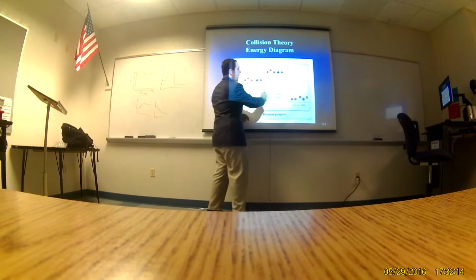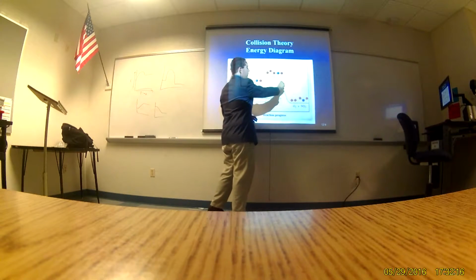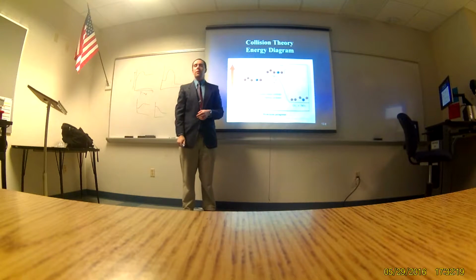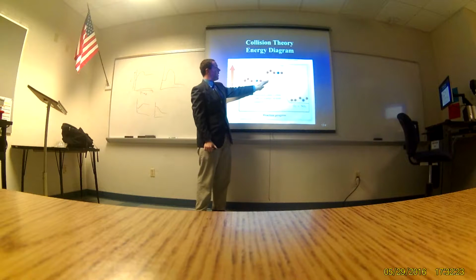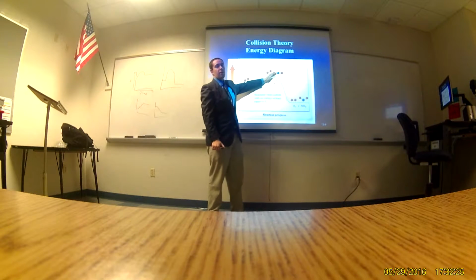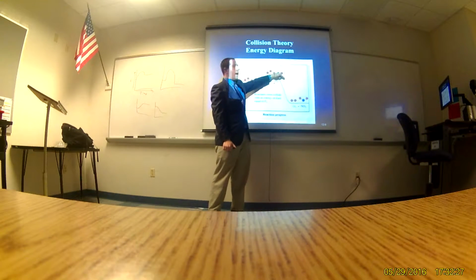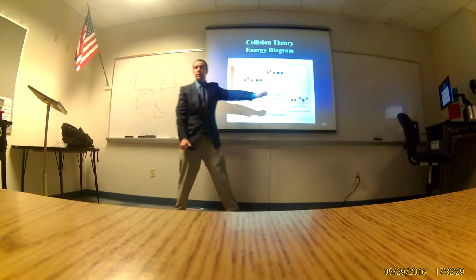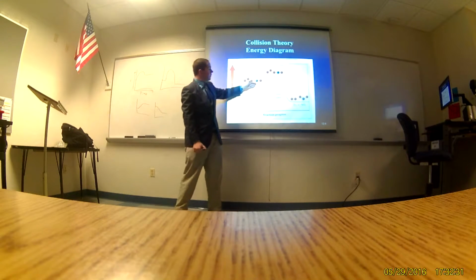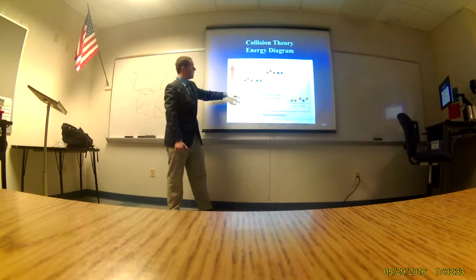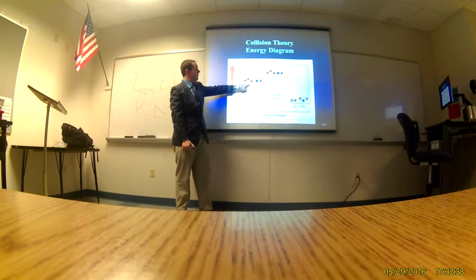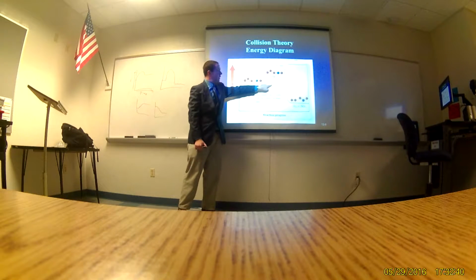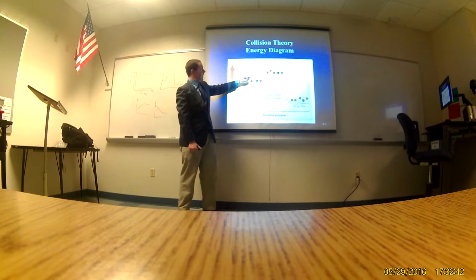And so it goes from here to here, but it has to go over a hump, just like a roller coaster. You come out of the station, you get on a little chain thing, it takes you up, but then once you're at the top, there's no turning back, and you go down. So you need to get over this activation barrier. The activation barrier is the difference in energy between here and here.